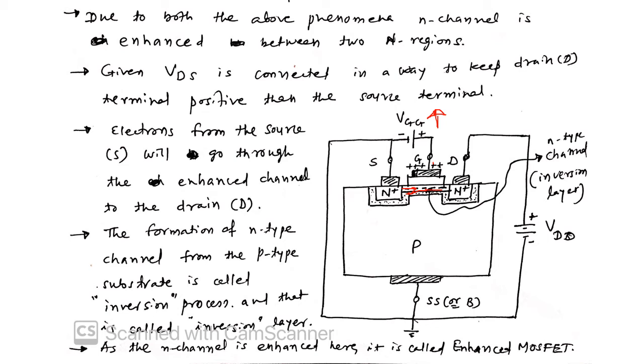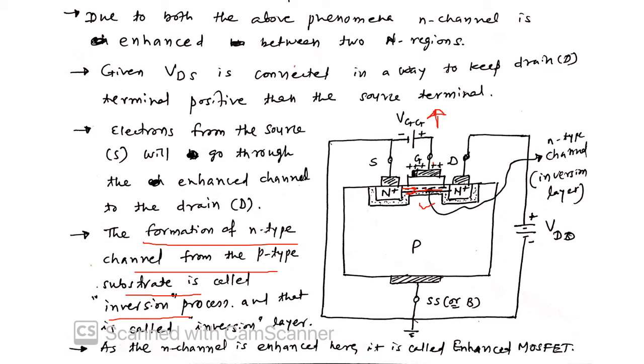The formation of an N-type channel from the P-type substrate is called the inversion process. Once again, understand that there was only P-type material, but once we give VGS and the gate is made positive, this phenomenon starts, and that region gets negatively charged.